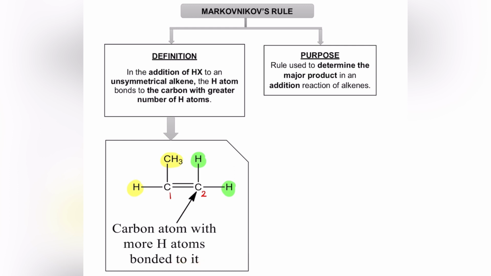So kalau saya ada HX, H ini akan masuk dekat bahagian carbon number 2. Sebab carbon number 2 ada banyak presence of hydrogen. So dia akan berkumpul setempat. So itulah macam mana kita apply Markovnikov's rule. Dia adalah rule yang kita guna untuk determine major product dalam addition reaction of alkenes.